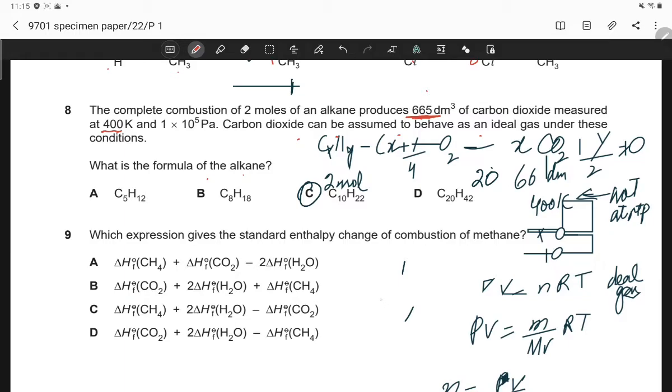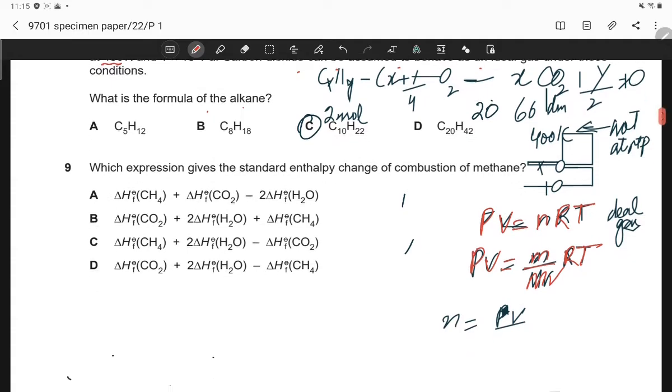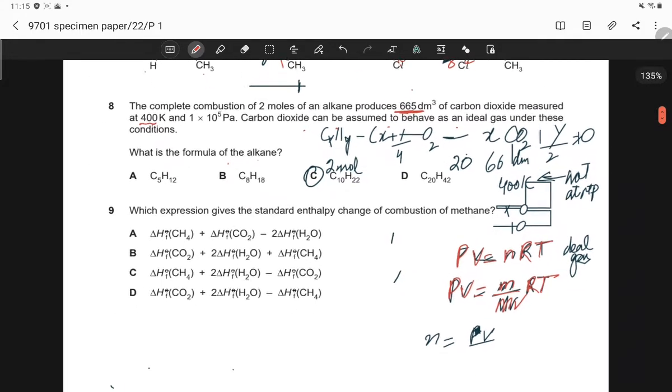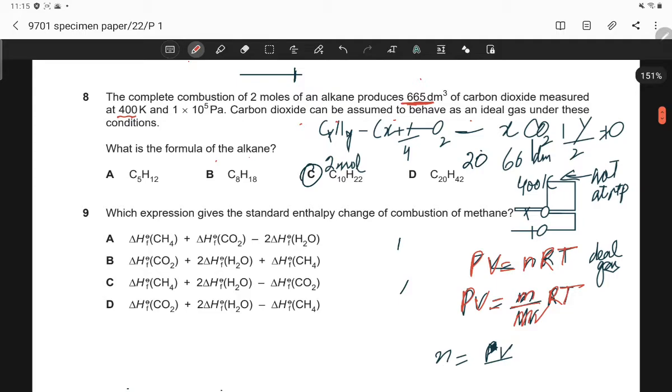So we can calculate using PV is equal to nRT. This is 665 dm cube of carbon dioxide measured at 400 Kelvin, and in this we are using volume in meter cube.